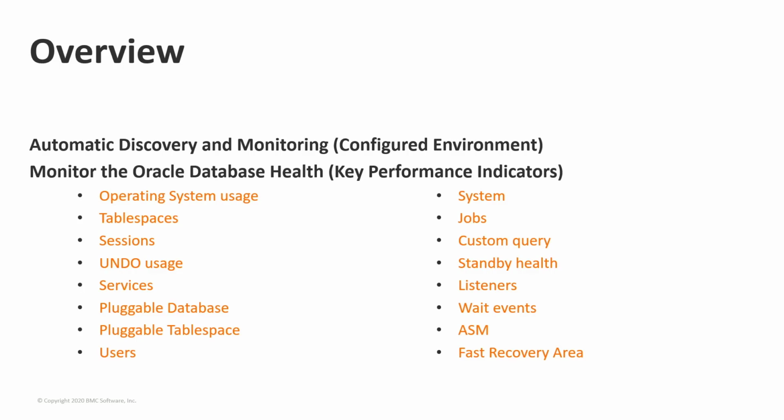The ASM category monitors the ASM disk performance of the database. Most important KPIs are write and read requests. The fast recovery area usage monitoring category monitors the disk usage in the Oracle database, like percentage of disk space used by fast recovery area.